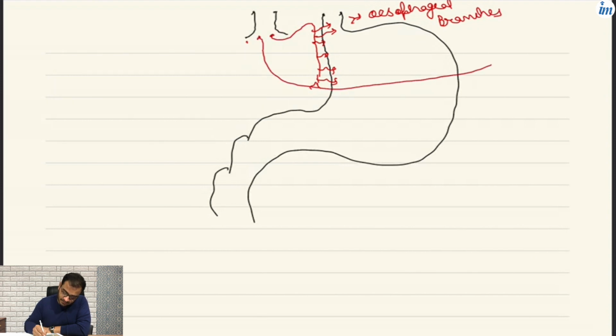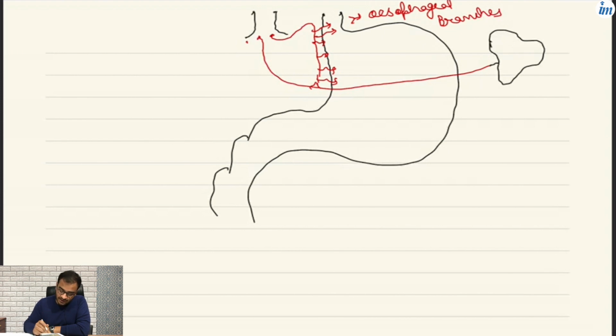The splenic artery supplies and goes till the hilum of the spleen. The second branch is the splenic artery, which goes to the spleen till the hilum and supplies the spleen.